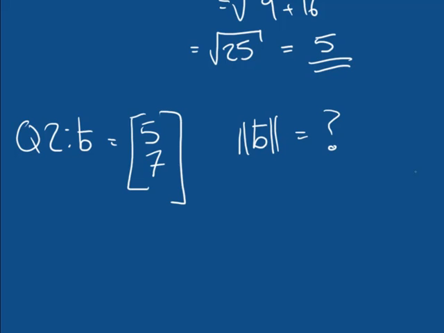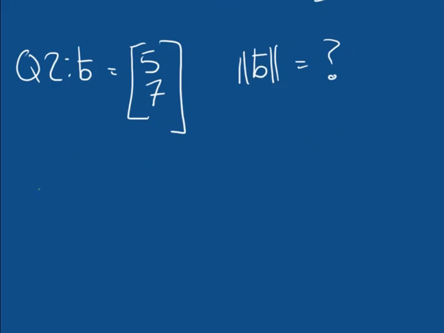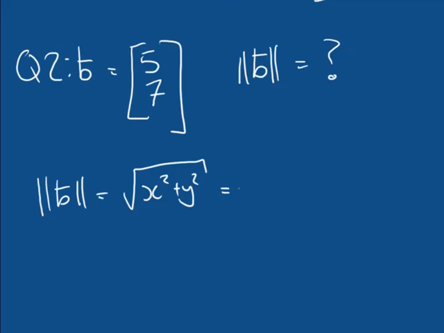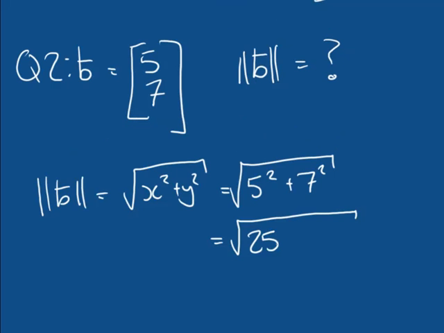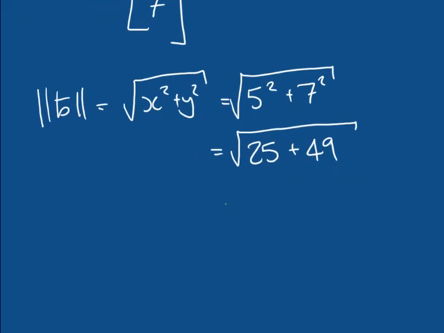Okay, welcome back everyone. So the magnitude of b, we know, is given by the square root of x squared plus y squared, which in the case of b is the square root of 5 squared plus 7 squared, which is the square root of 25 plus 49, which is equal to 25 plus 40 is 65, plus 9 is 74.